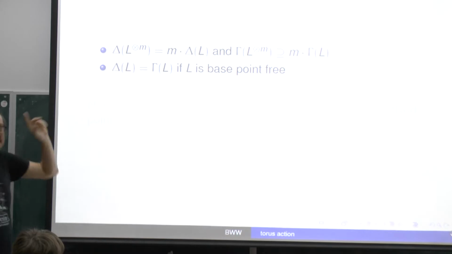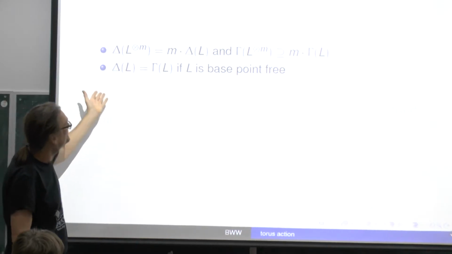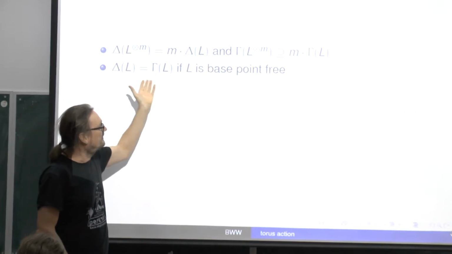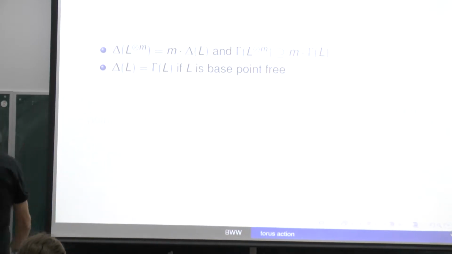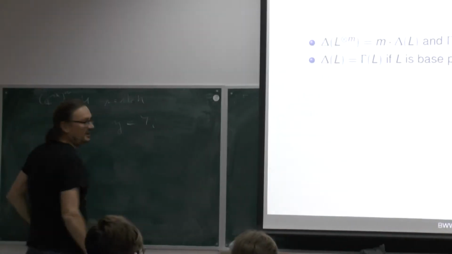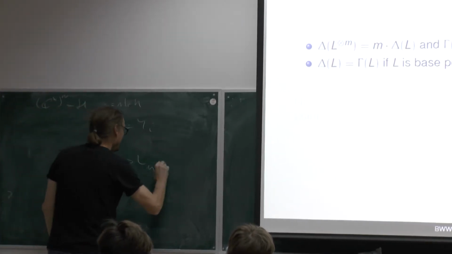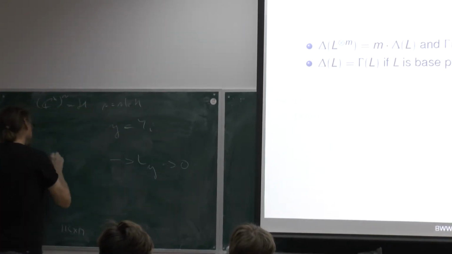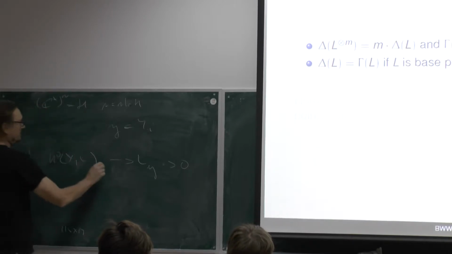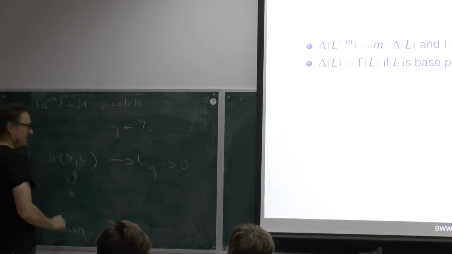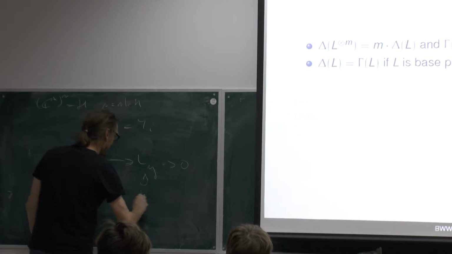Now the next observation is also, in some sense, more or less obvious, if you look at it. If L is base point free, and so in particular, suppose that you have a point which is a component Ly, then you have this sequence, and in particular this is surjective. On this acts the torus H, and it acts by the linearization.